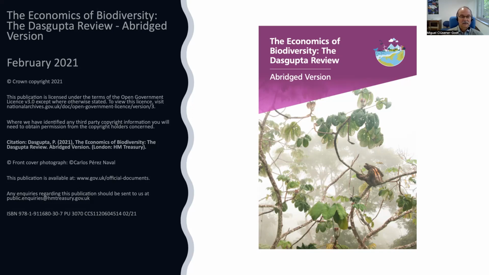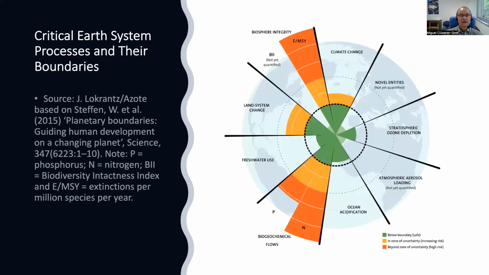So let's get started. Planetary boundaries. So critical Earth system processes and their boundaries. So you see this circle with different parts of it. You see here the source where this diagram is coming from.